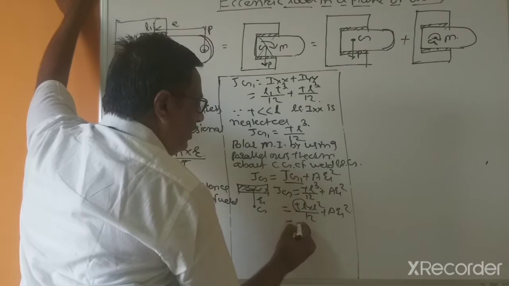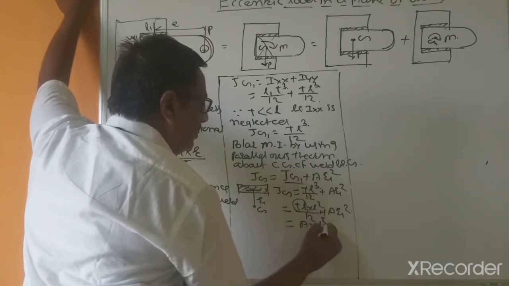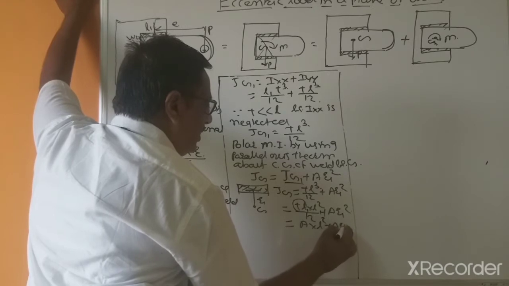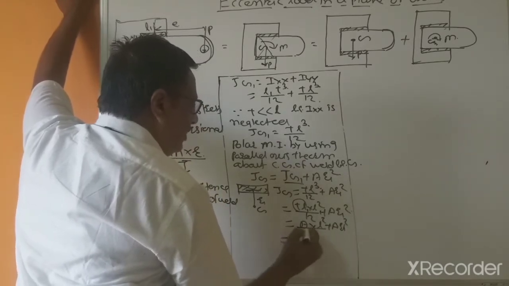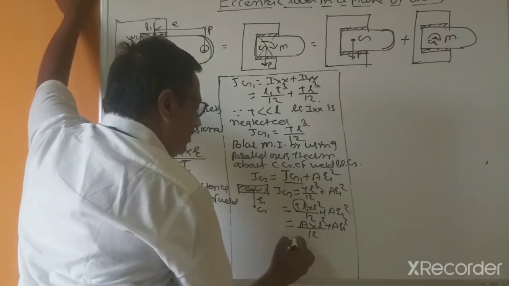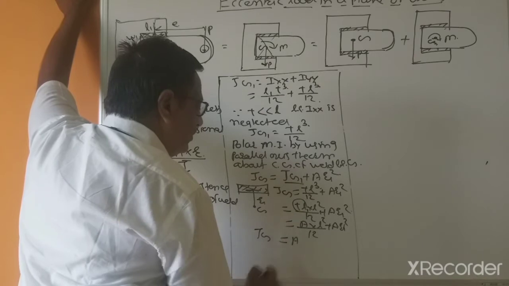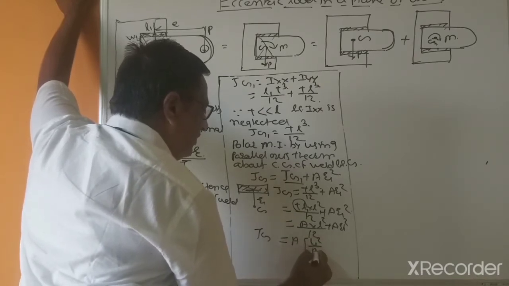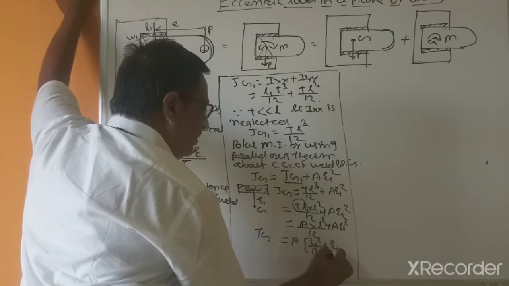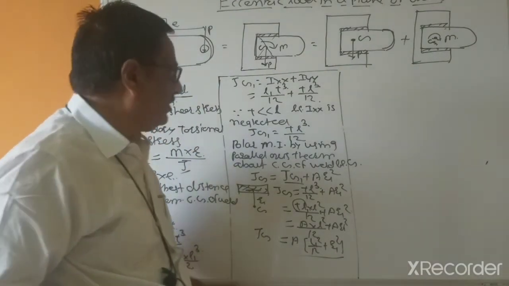Now this is nothing but area, and by taking common, A times L1 squared divided by 12 plus R1 squared. And this is for the first weld.